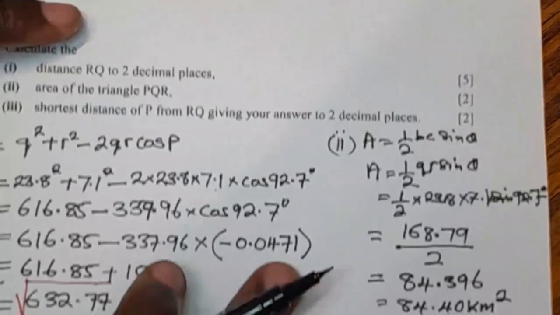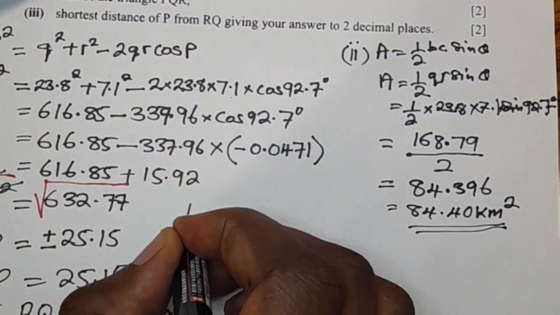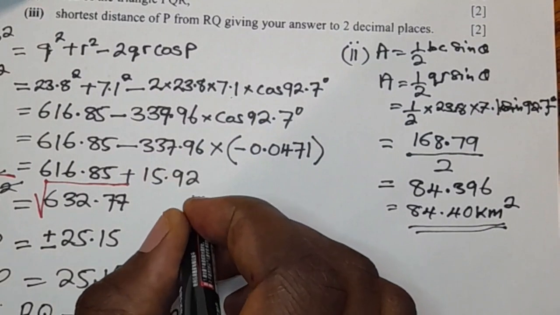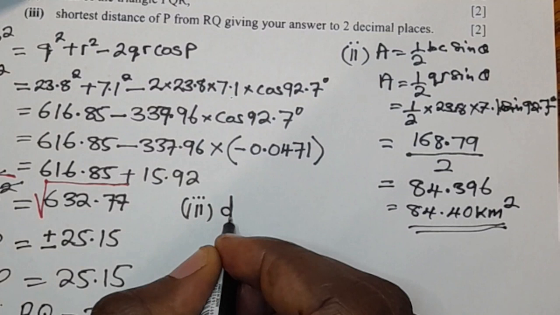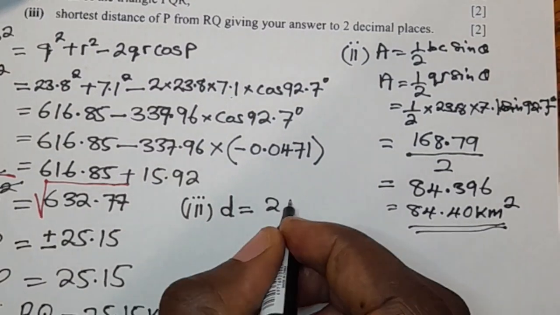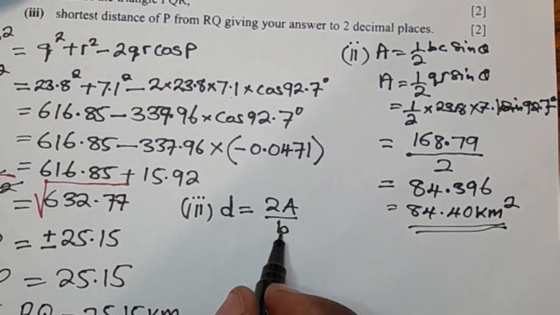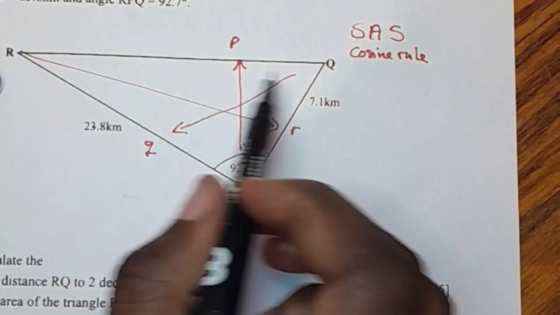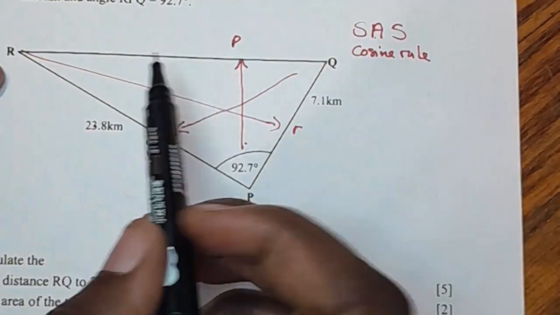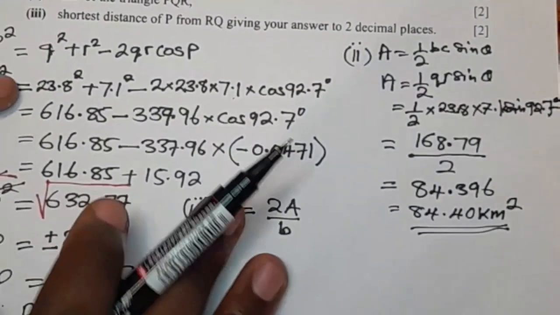So we are going to use this formula: distance is equal to 2 times the area over B. This B is actually the distance RQ. In other words, we would have put P instead of B, but it's just the same.